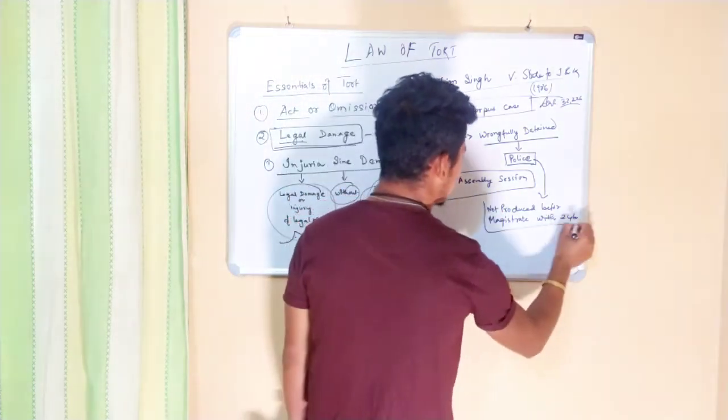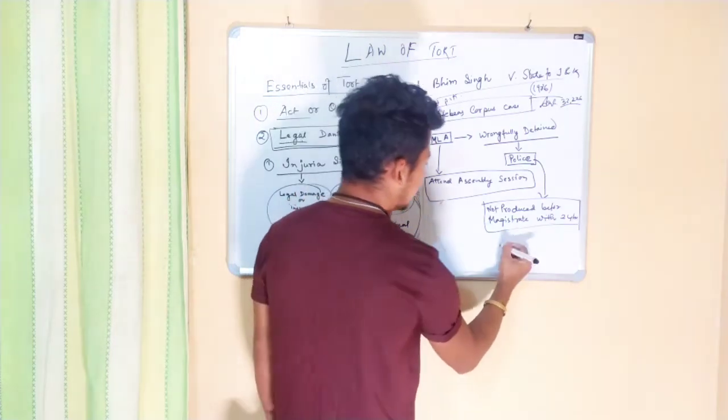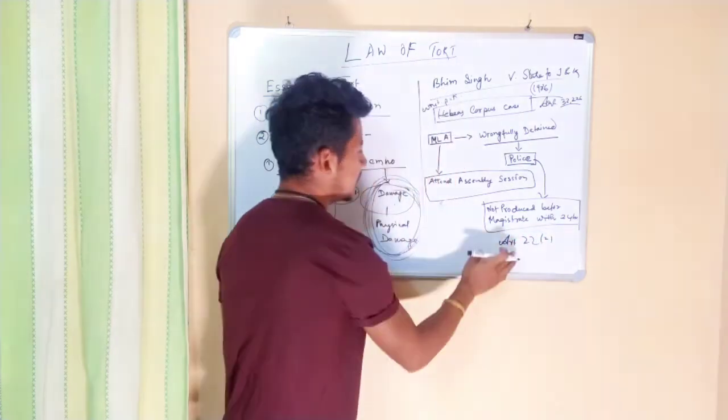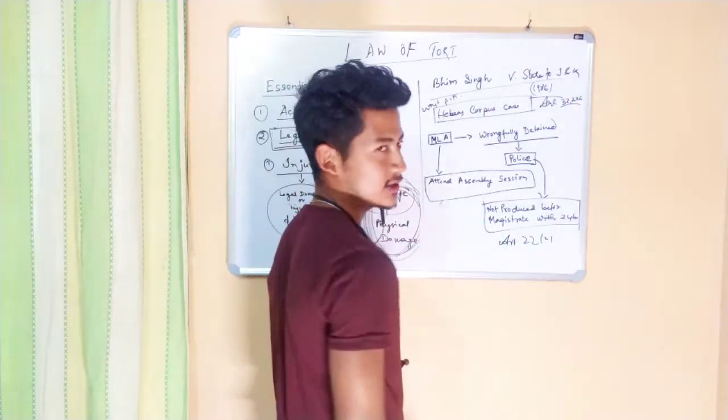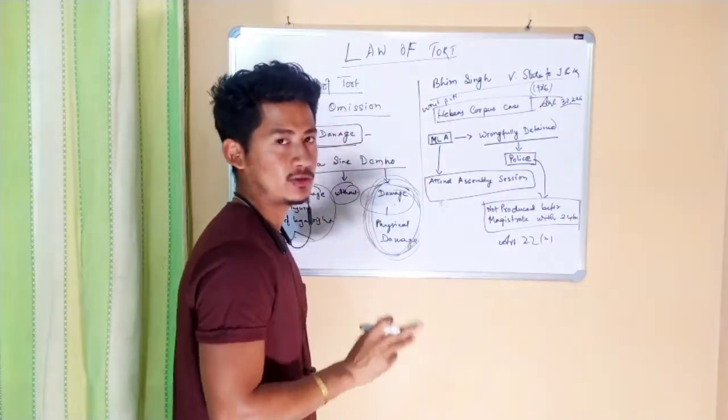This is his fundamental right. Which article is talking about this? Article 22 clause 2. Article 22 clause 2 gives the arrested person the right to be produced before the magistrate within 24 hours of his detention.